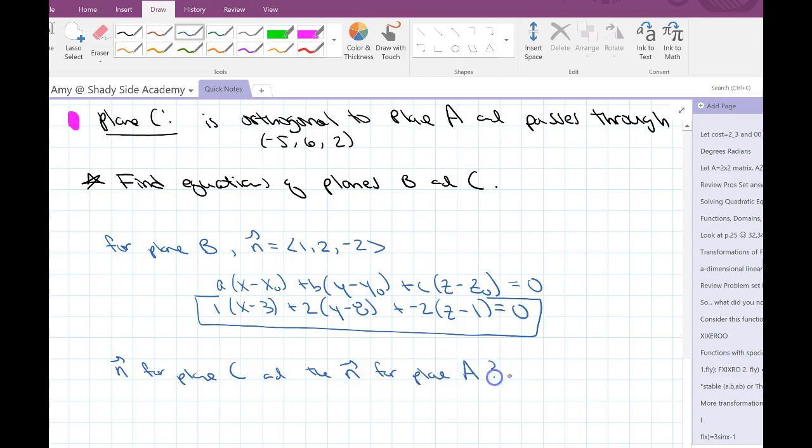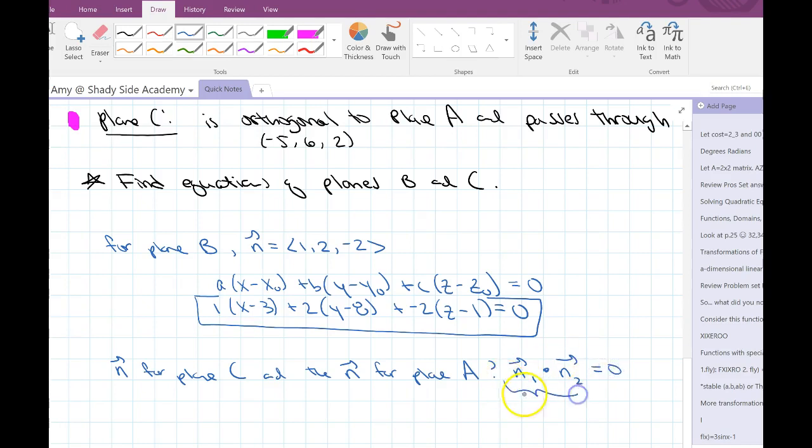If planes C and A are perpendicular, what does that mean about their two respective orthogonal vectors? They must also be what? Yes, n1 dotted with n2 has to equal 0, correct?